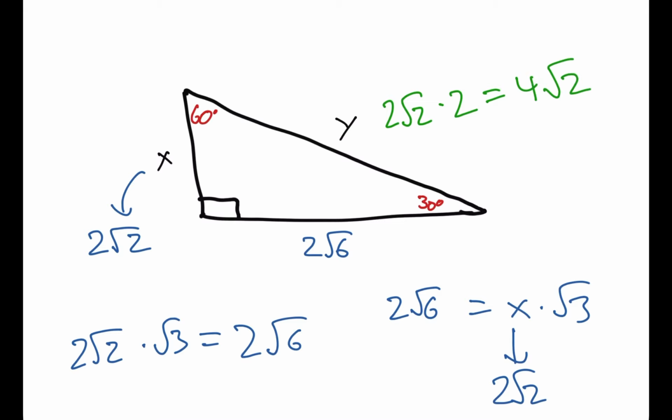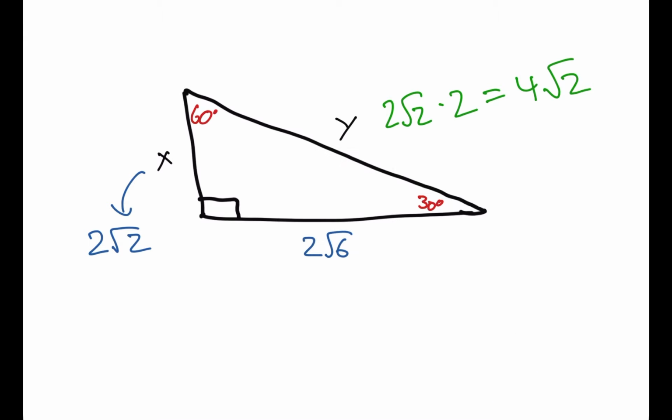Now we can also check this by using the Pythagorean theorem again. So I'll just erase this down here. And we can apply x squared plus 2 root 6 squared should be y squared.